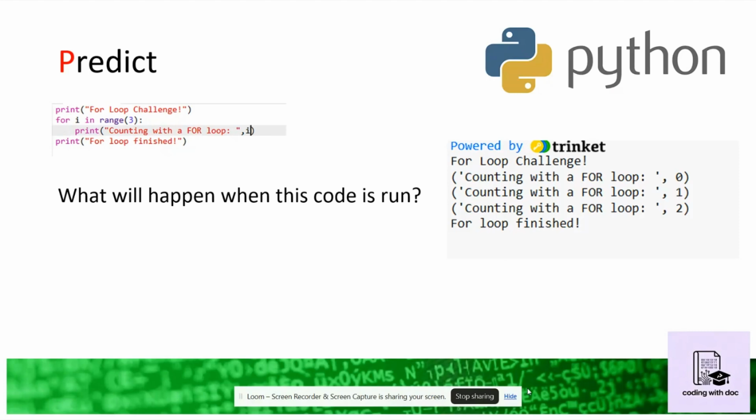The print for loop challenge, I'll put that at the top. And then it's going around 3 times, for i in range 3. So it goes around 3 times. And it starts with the number 0, as it always does. And then it goes to 1, and then it goes to 2, and it gets up to that 3rd number. And then it says the for loop's finished. So that was hopefully relatively straightforward.